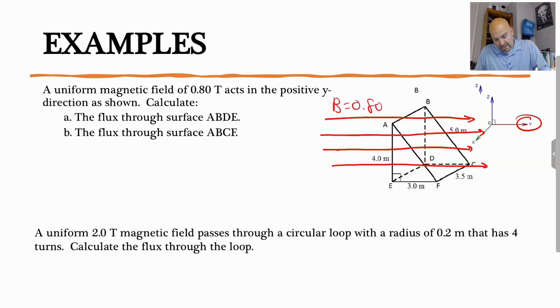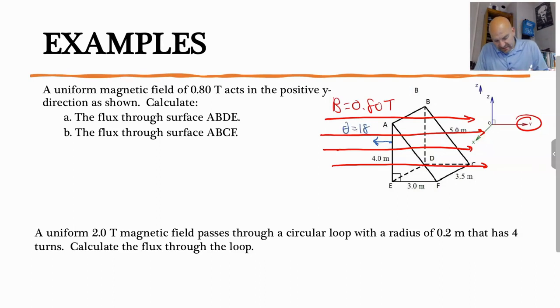That's our B, 0.80 Tesla. Calculate the flux through surface ABDE, and then the flux through the surface ABCF. Something we need to do is figure out the dA. Now, ABDE is actually the backside of our shape here.